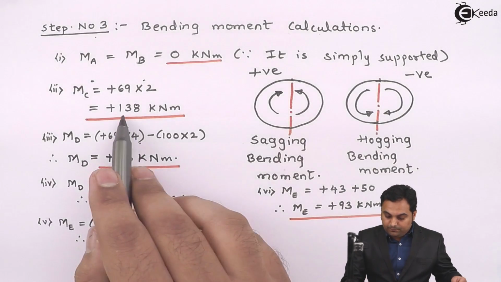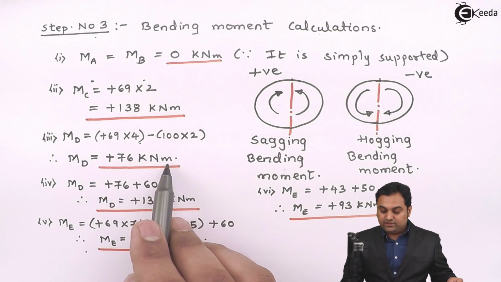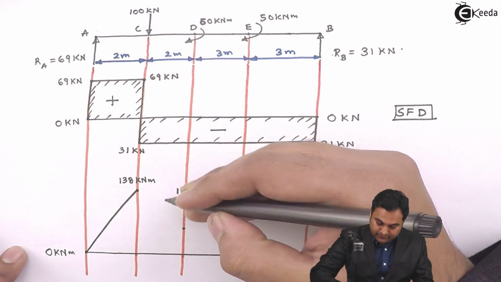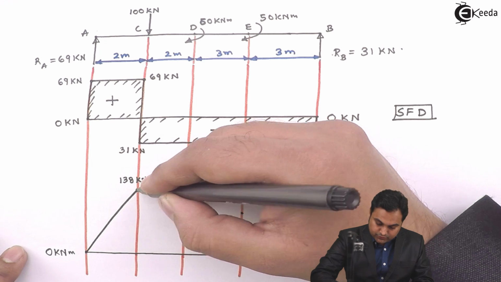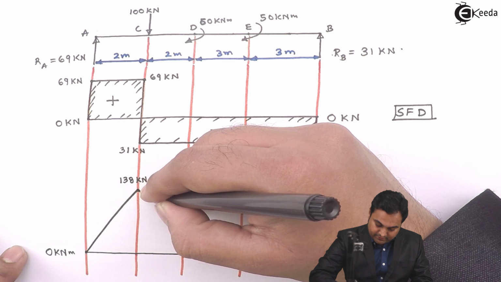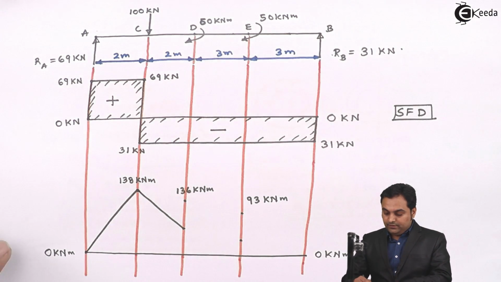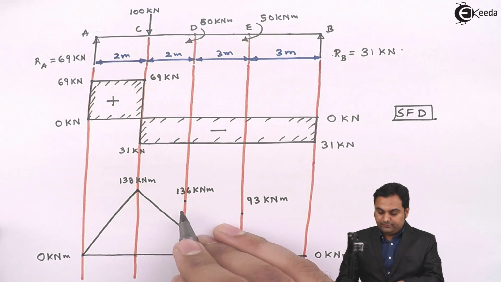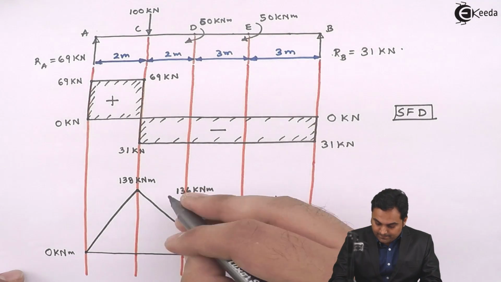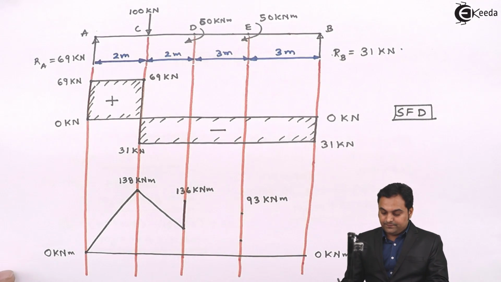Next, from plus 138 kilonewton meter, it goes down to plus 76 kilonewton meter at point D. So at point D, this value is plus 76. Again there is no load between C to D, so bending moment will be an inclined line. Then from plus 76 kilonewton meter, it increases up to 136 kilonewton meter.